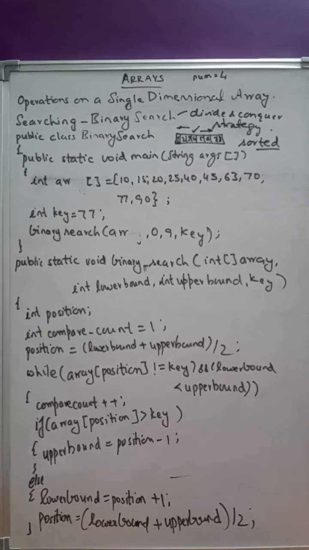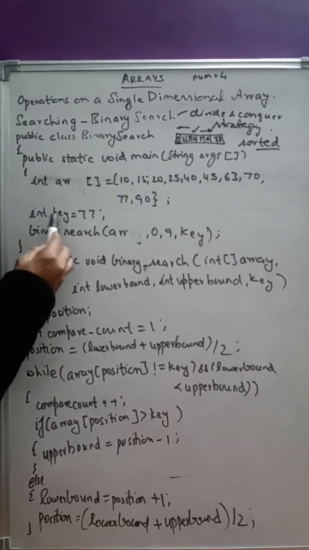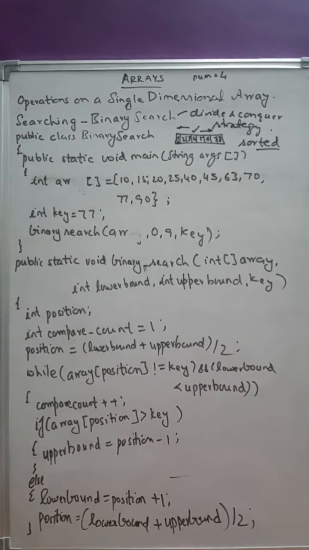In this ordered array, we need to find an element equal to 77. First we need to write down the criteria or strategy through which we can write the code for binary search.